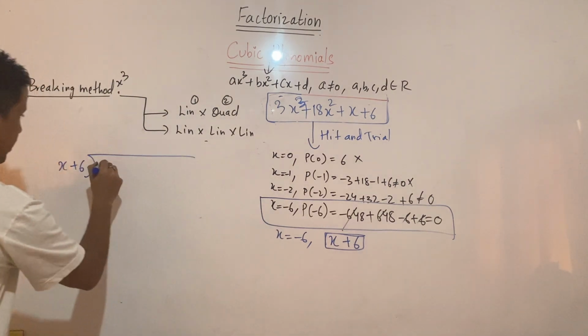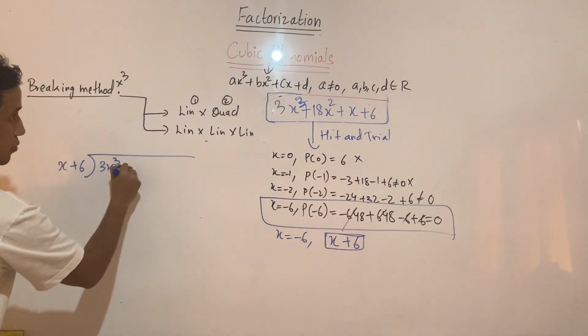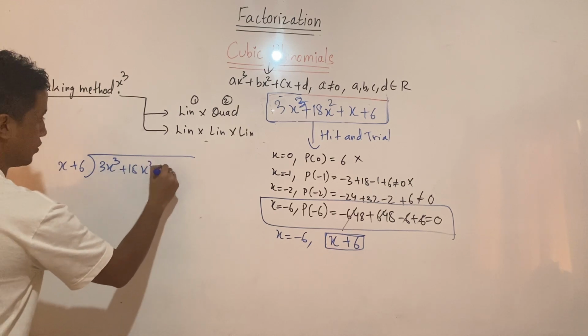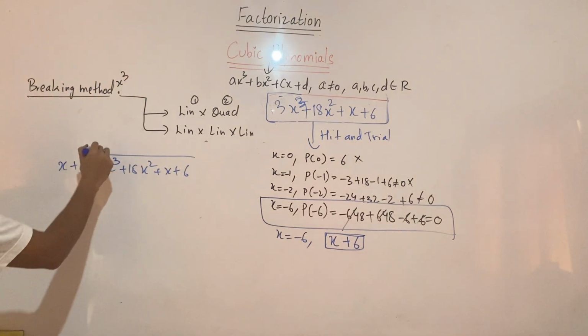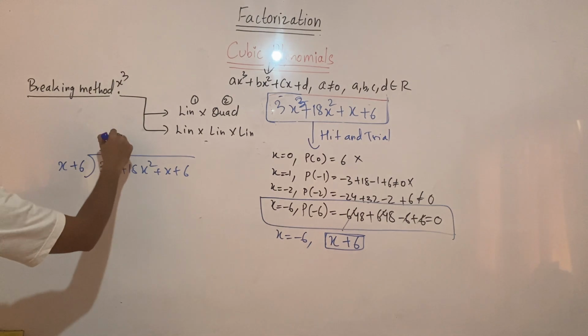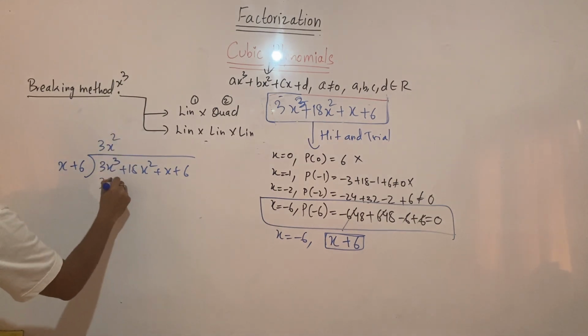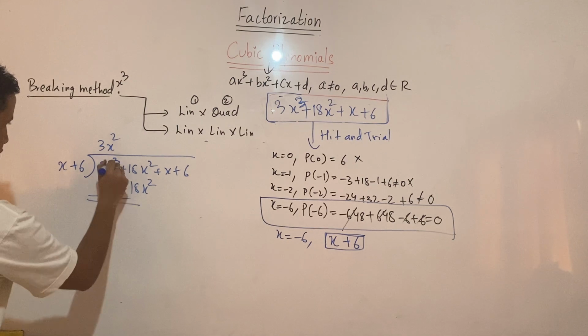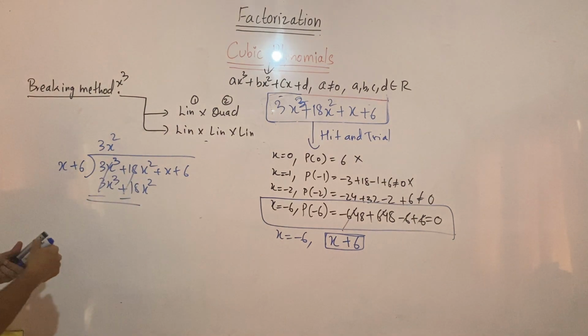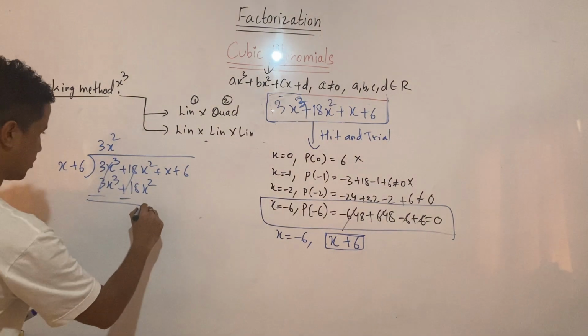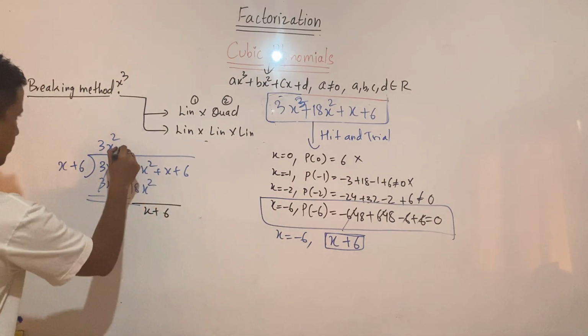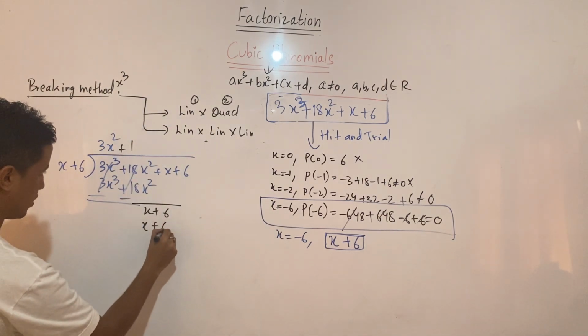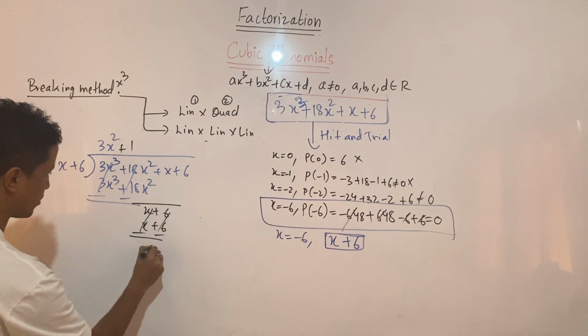Now if I divide this whole expression by this, it will be 3x cubed plus 18x square, minus minus cancelled out here, x plus 6 here plus 1, x plus 6, minus minus cancelled out.